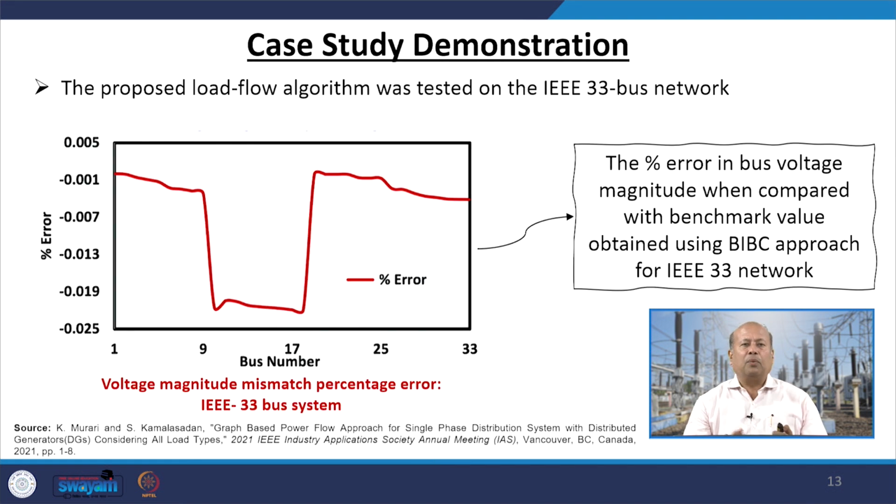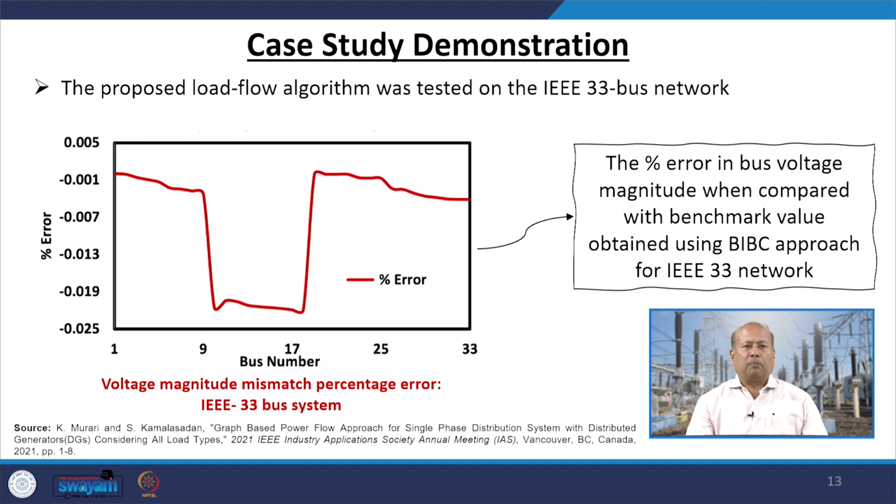Now let us see how it performs, because there is a question all the time: graphical method versus conventional method, how is it going to perform? But it has been found that the graphical method performs better, or at least equally well, compared to classical techniques.